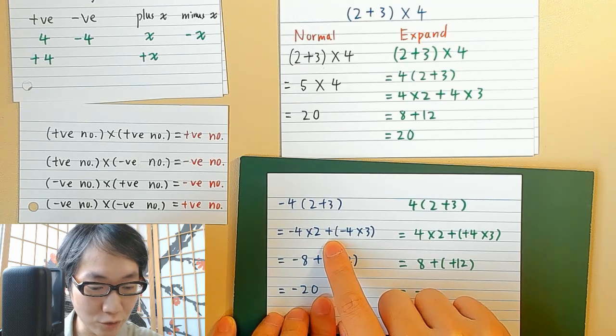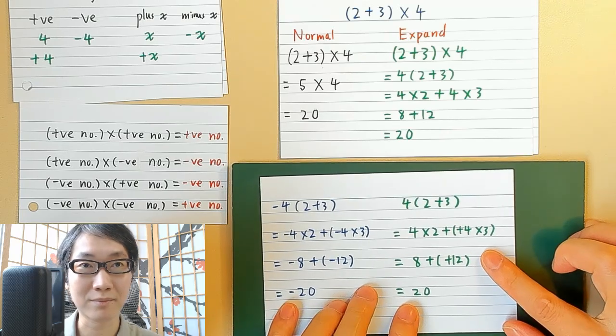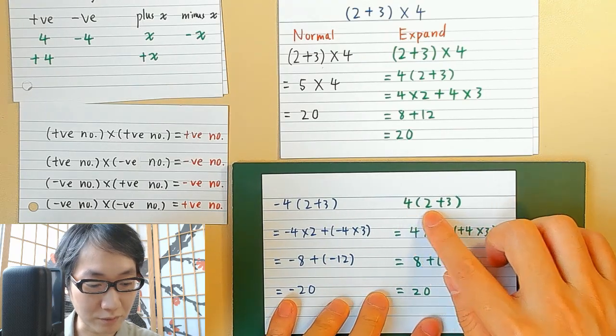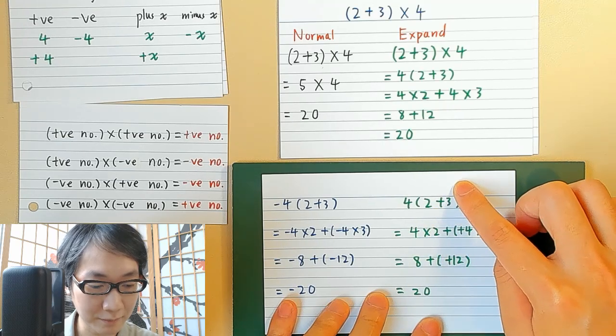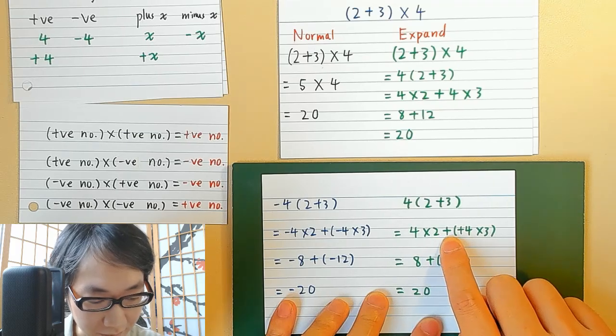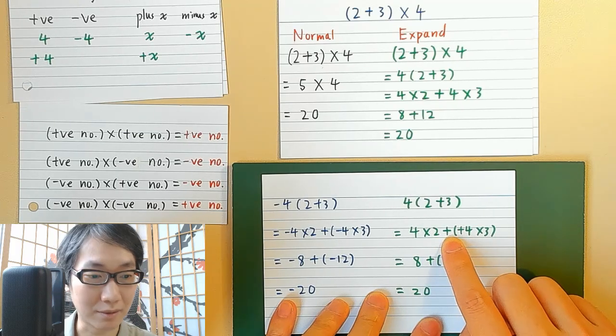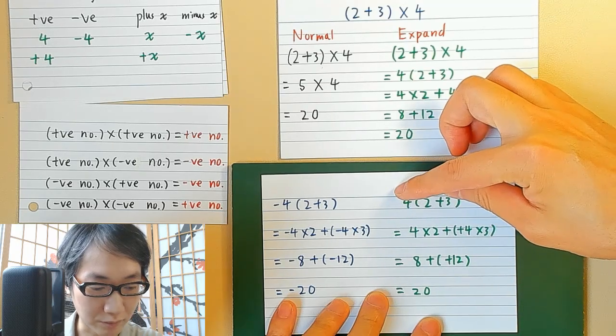If I include a plus sign here, it will be like this. Positive 4 bags, positive 2 and positive 3 in the bags. Then we'll have positive 4 times positive 2 and plus positive 4 times positive 3, these two terms.